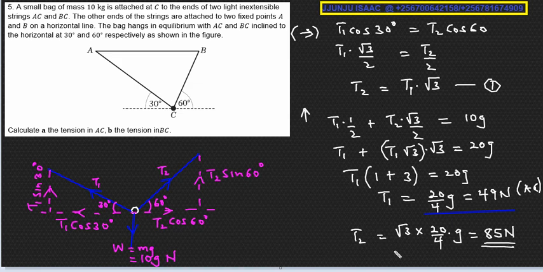Finished. And this is the tension in BC, the 85 newtons. Alright, so that is how we do this number.